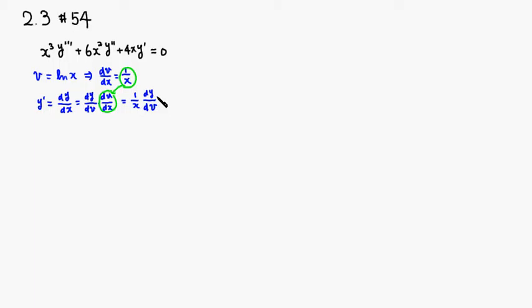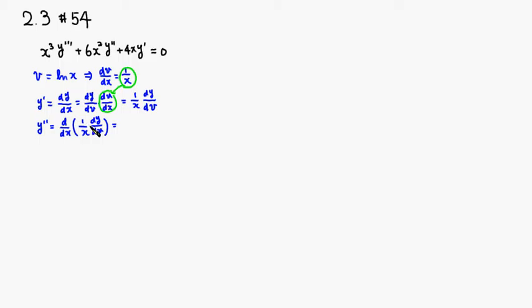Similarly we can do y double prime, which is the derivative of this with respect to x, but we're going to take the derivative with respect to v first. So it's the derivative with respect to x of 1 over x times dy over dv. This is a product rule.